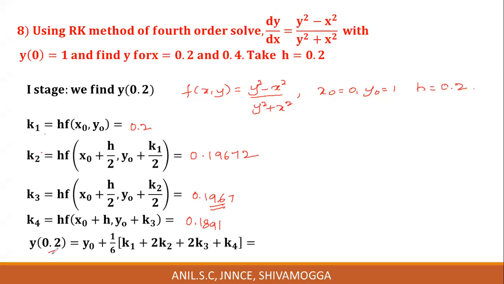0.1891. Now we find y of 0.2 by substituting y naught, k1, k2, k3, k4 here. Substitute. 1.19599, that's right.